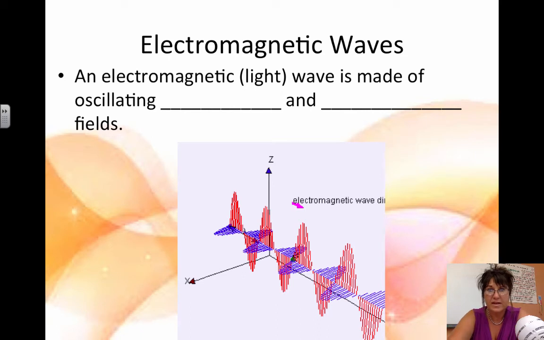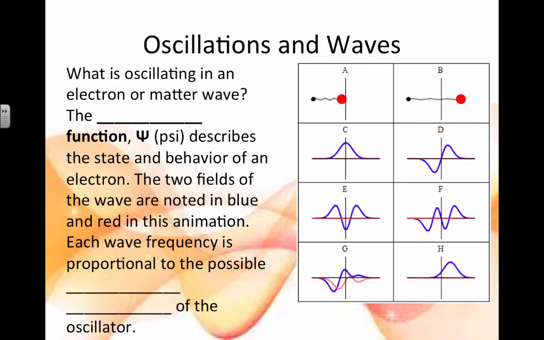Remember, electromagnetic waves are made up of oscillating magnetic and electrical fields. So what is oscillating in an electron, or in a matter wave? The wave function, psi, describes the state and behavior of an electron. The two fields of the wave are noted in blue and red in this animation.